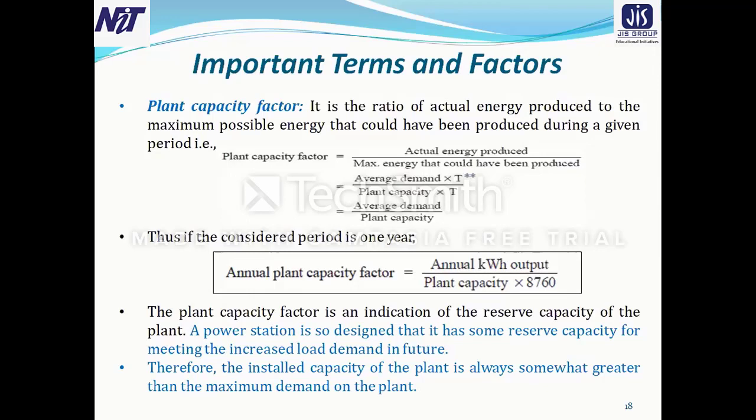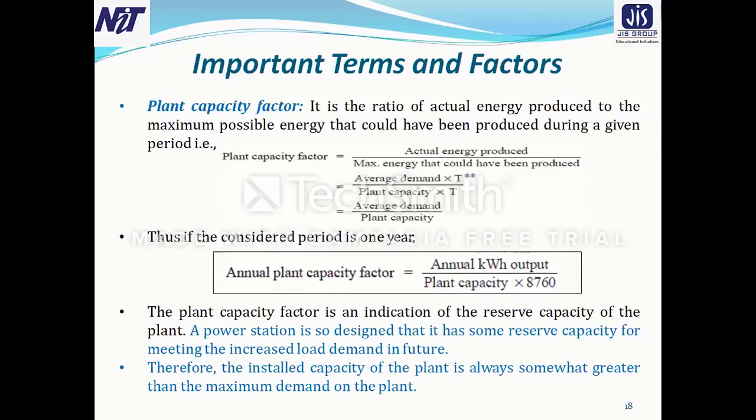Plant capacity factor is equal to the actual energy produced divided by the maximum energy that could have been produced. So it is the ratio of actual energy produced to the maximum possible energy that could have been produced during a period.